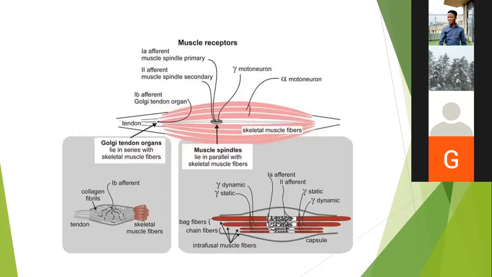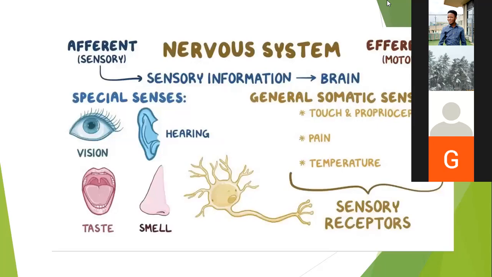So if I were to take you back to this slide, you can now see what I meant. We have the special senses and then we have the general senses. The general senses, we have the proprioceptors, which we have classified into the Golgi tendon organ and the muscle spindle. Then we have these other cutaneous receptors coming from the skin for touch, for pain, for temperature.